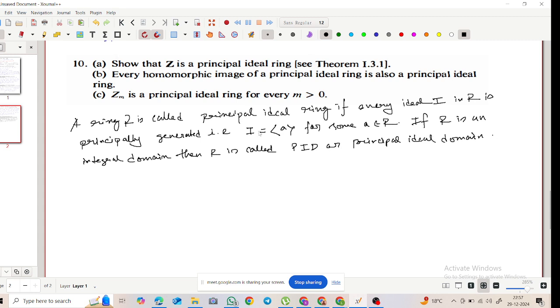Okay, so you are supposed to prove that Z is a PID. So I give you again 2 minutes. Please try this, that every ideal in Z should be of this form. Okay, please try this.